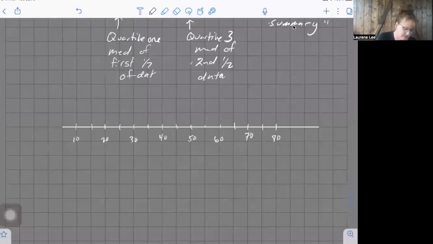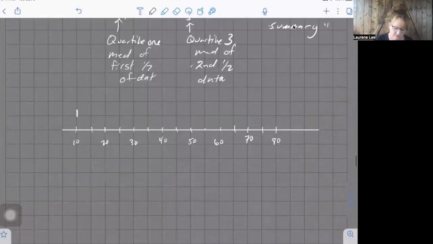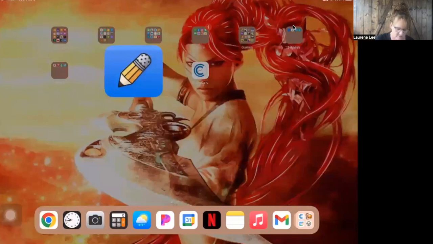So I've got a minimum at 10. What you're going to want to do is just put a little hash mark at 10. And my maximum is 75, so I'm going to put a little hash mark at 75 there. And then we're going to mark out the quartile 1, median, and quartile 3. So let's go back and grab those numbers.